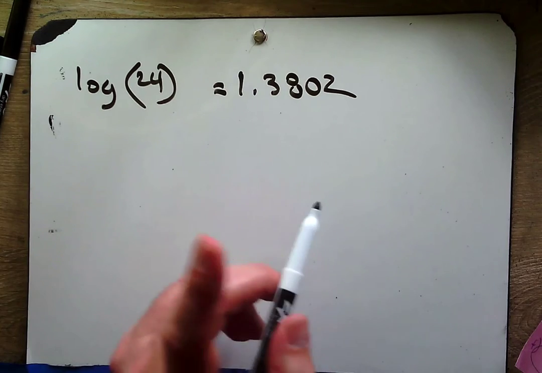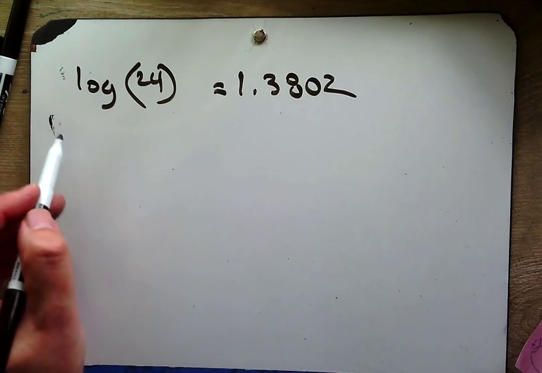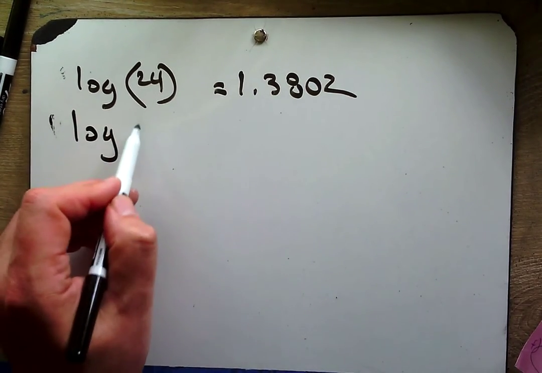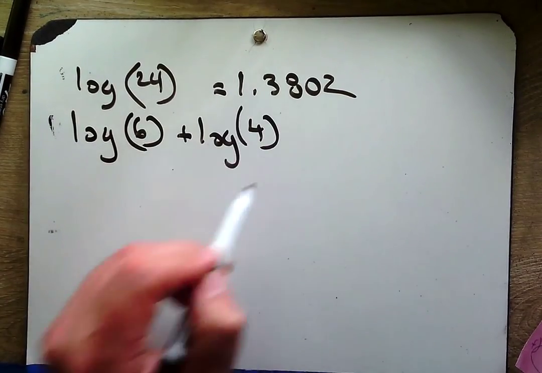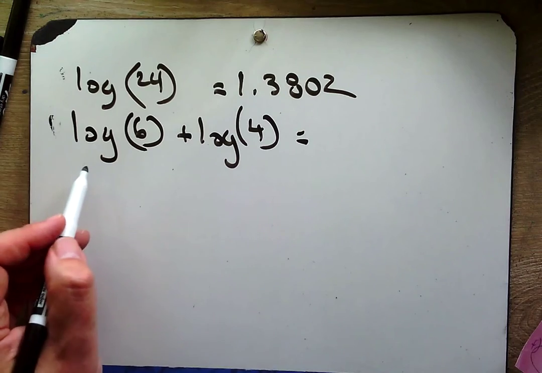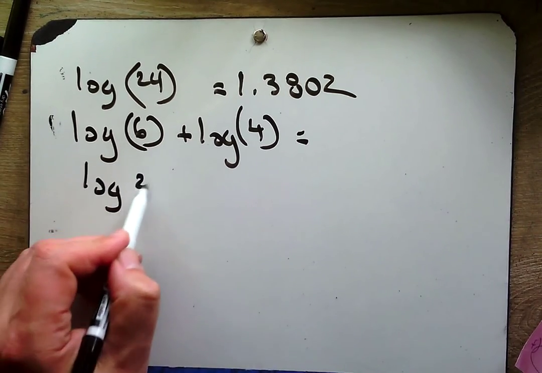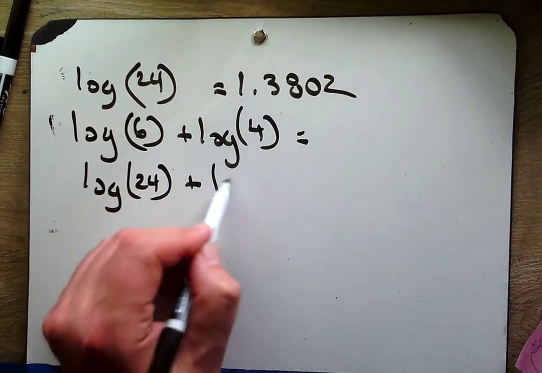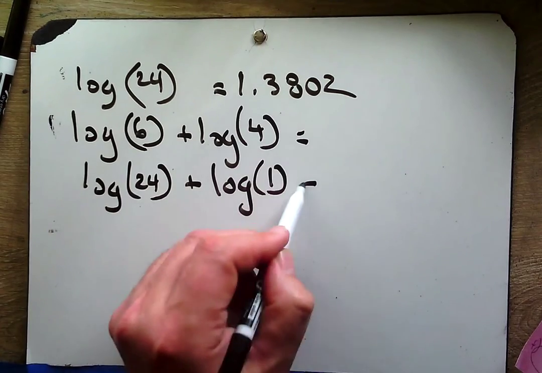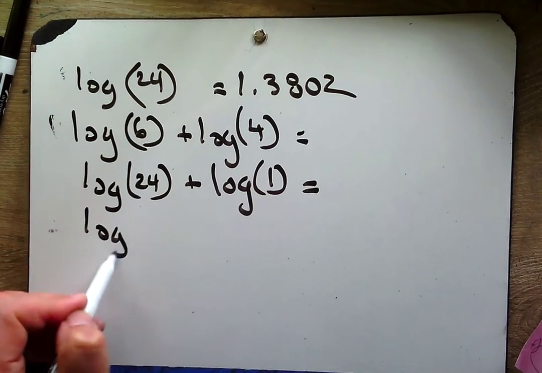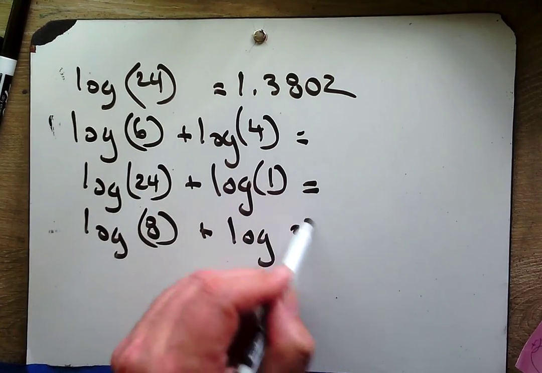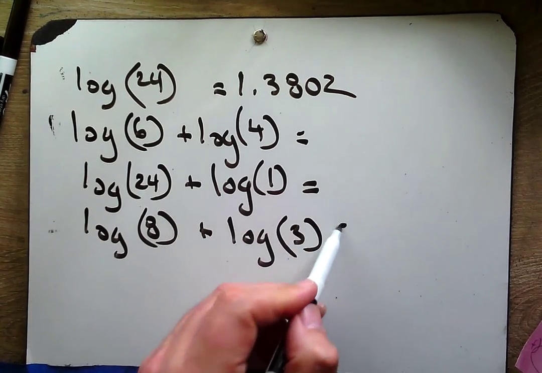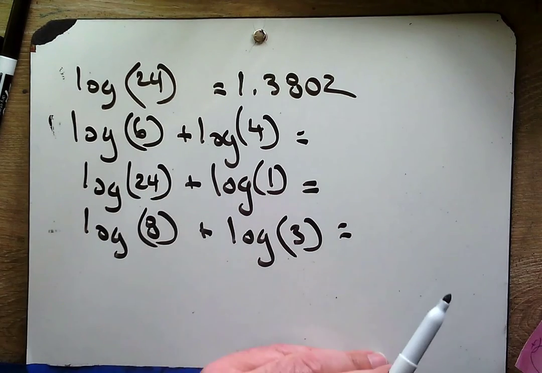Well, I want to take a look at some other things, like log of 6 plus log of 4, and log of 24 plus log of 1, and log of 8 plus log of 3. Okay. Will you pull out your calculator and evaluate each of these?